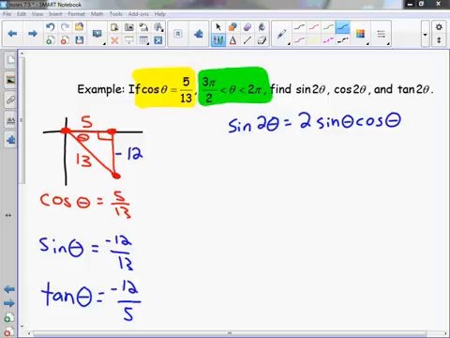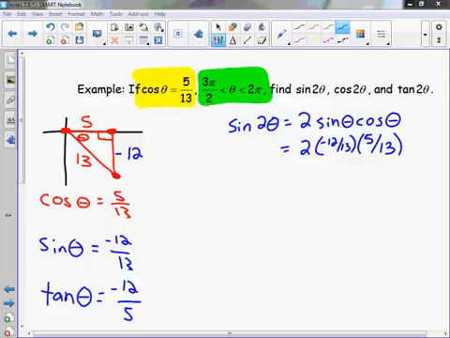Instead of u, now we're using theta. Well, what's the sine of theta? Negative 12 over 13. And what's the cosine of theta? 5 over 13.